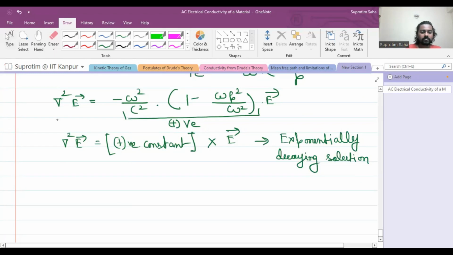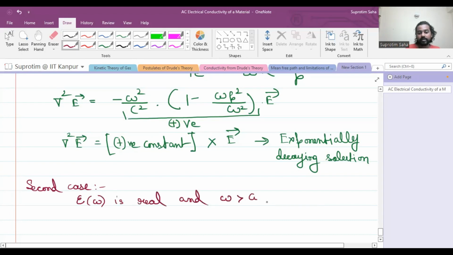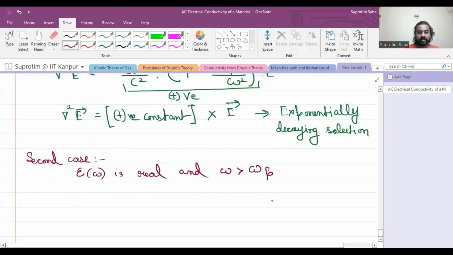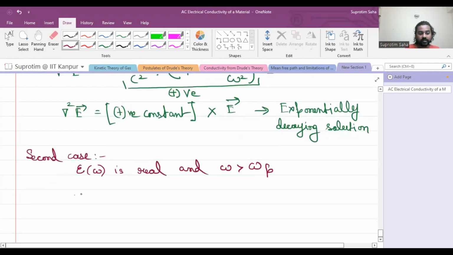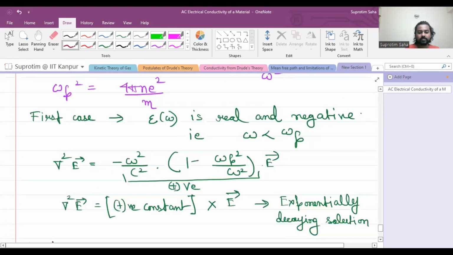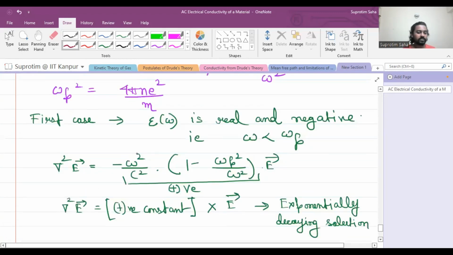Second case is epsilon of omega real and omega greater than omega p. In that case, grad squared E vector equals this term: minus omega squared by c squared is negative, and the bracket is positive.